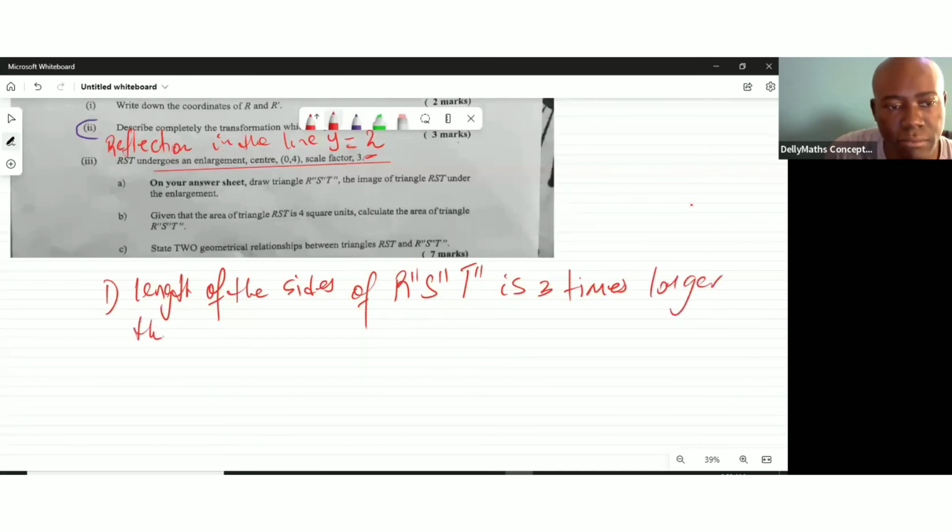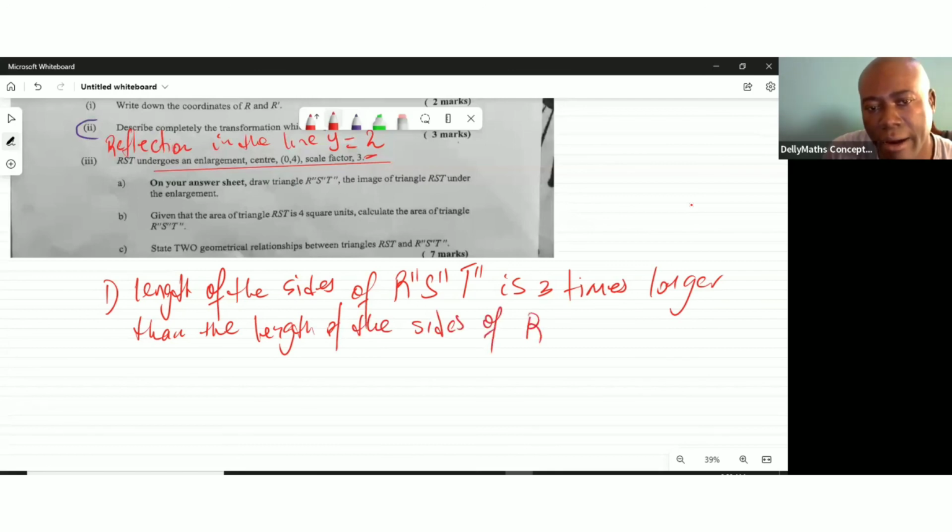than the length of the sides of RST. So the length of the sides of R double prime, S double prime, T double prime is 3 times longer than the length of the sides of RST, because the scale factor is 3. So the image is 3 times as long.